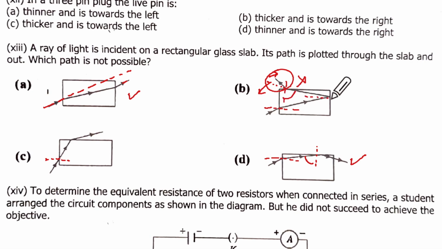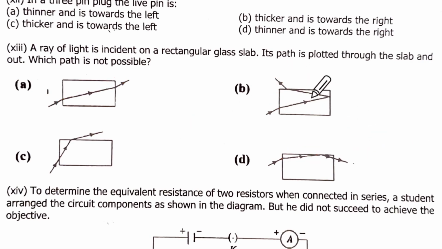If this goes this way, this equals this, and this one is more. This one is not possible. Even this one is not possible, no?